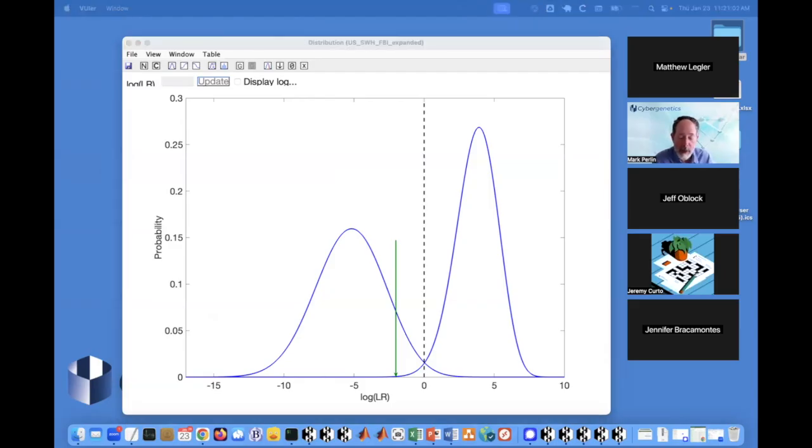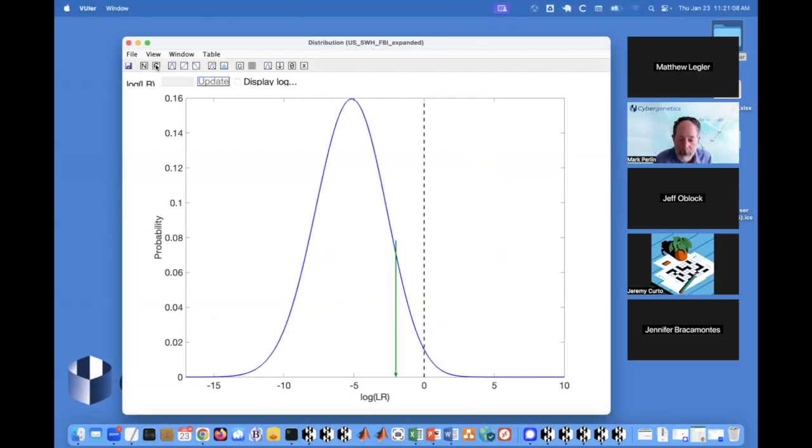So if you just keep the non-contributor distribution on, as Matt said, this is the distribution of people who didn't contribute their DNA, and the match statistic is being, if you had a threshold, which is standard in forensics, of 0 log LR, he's being classified as not being a contributor because he's falling to the left of 0.